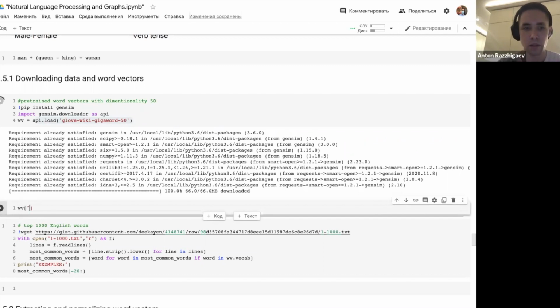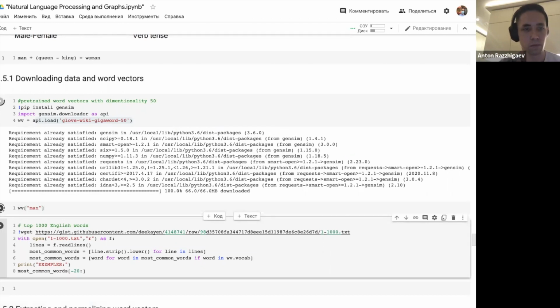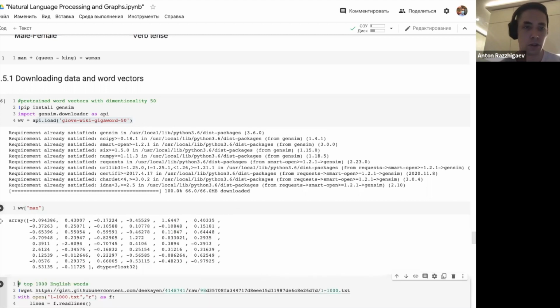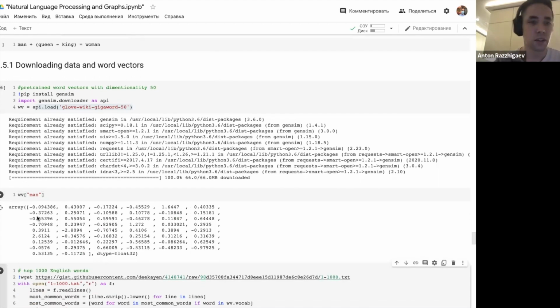For example, like this. So let's wait until the downloading finished. Okay, here is a vector representation of a word man.